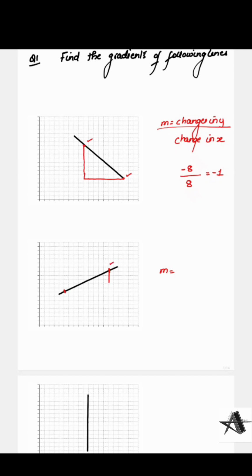How much do I have to move? 1 2 3 4 5, so 5 blocks in the negative direction, so negative 5 over. Then 1 2 3 4 5 6 7 8 9. I have moved 9 blocks towards the left, that is the negative x direction, so negative 9. My final gradient is 5 over 9.